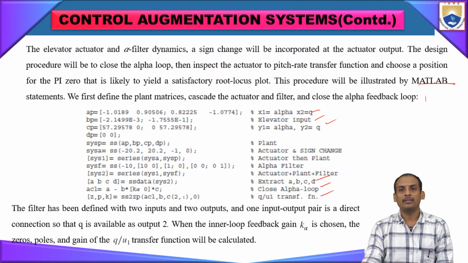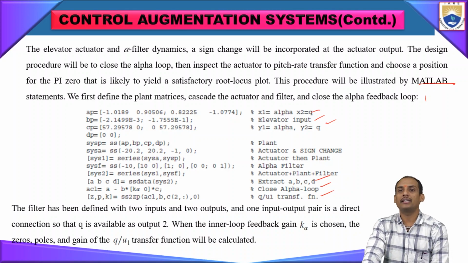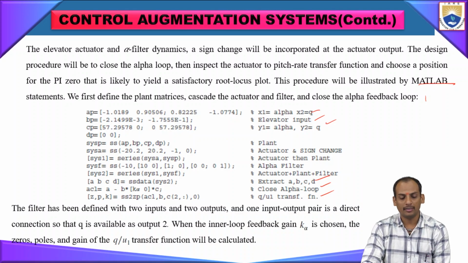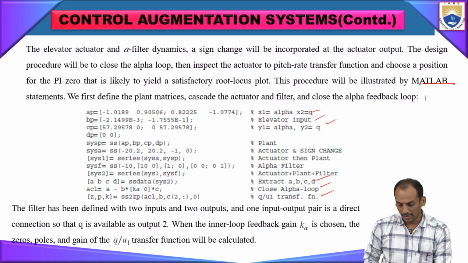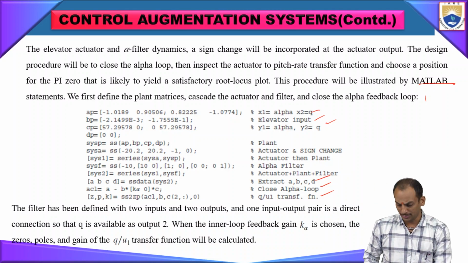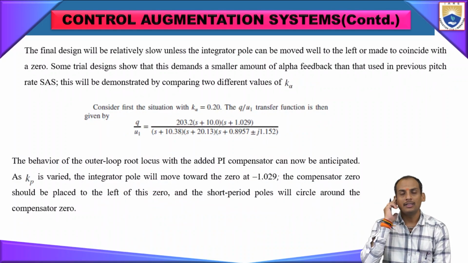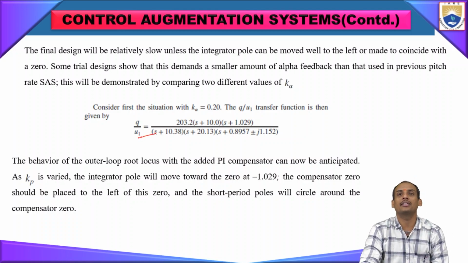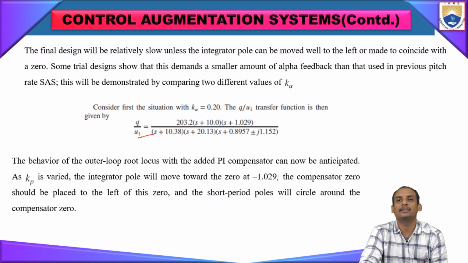The loop feedback gain K alpha is chosen for the 0 poles, and the gain of the Q by U1 transfer function will be calculated from this Laplace transform equation. How do we get that transfer function? See here, this is the Q by U1 transfer function for the given pitch rate CAA system.